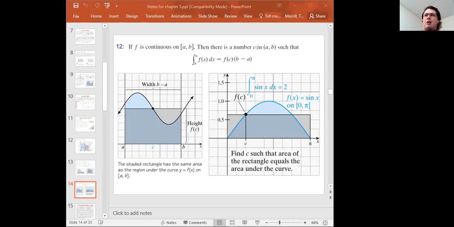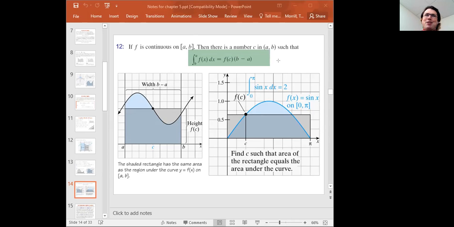And because my function f does not have any jumps, it doesn't have any discontinuities here, then my function f of x actually has to cross this rectangle somewhere. So this is a really special one because this is almost saying that for a continuous function, we could have found the exact area with one single rectangle in our Riemann sum.